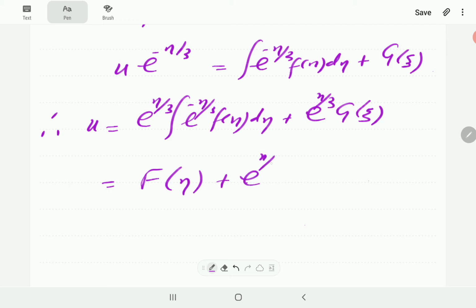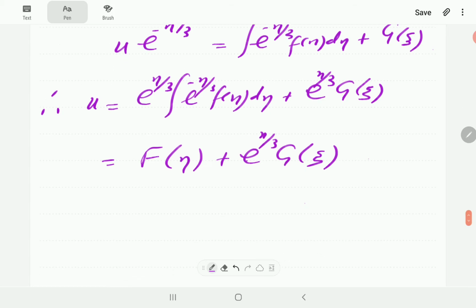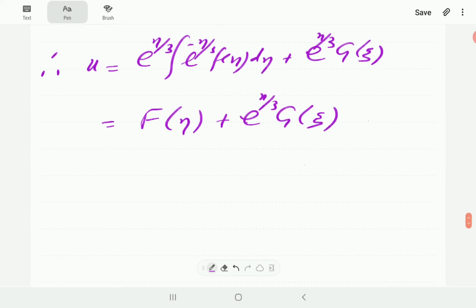And this now is the final expression of our solution, but it's in terms of the canonical variables. So what we want to do is rewrite this in terms of the original variables.